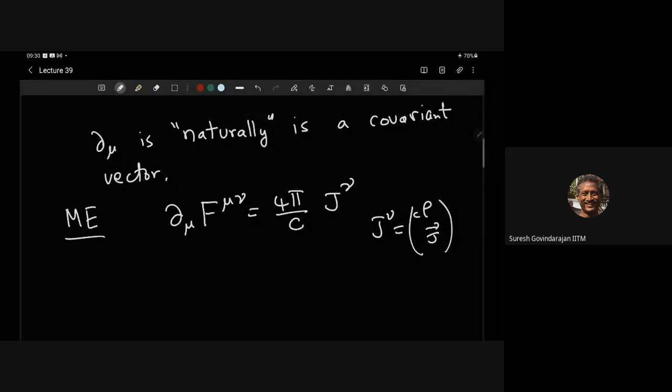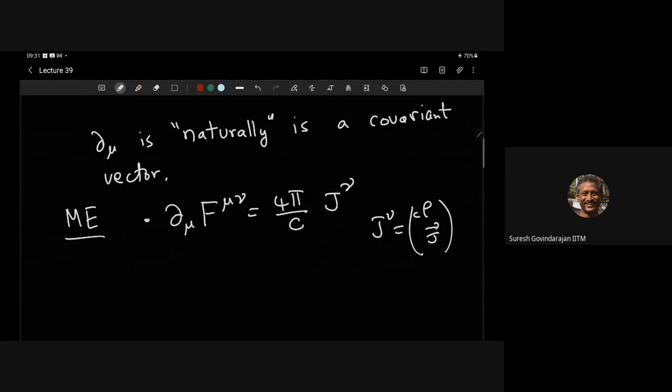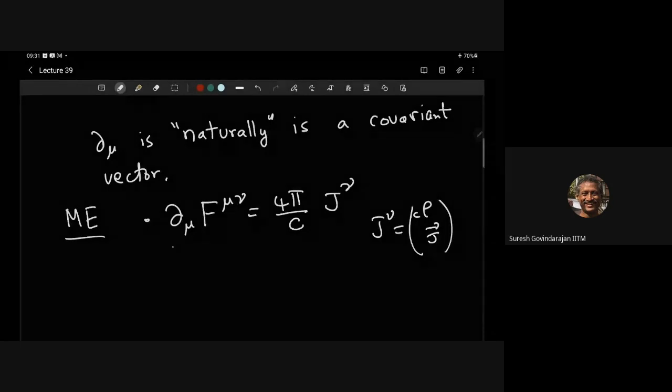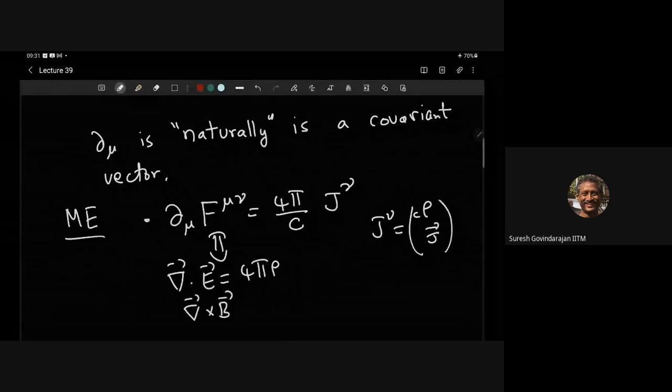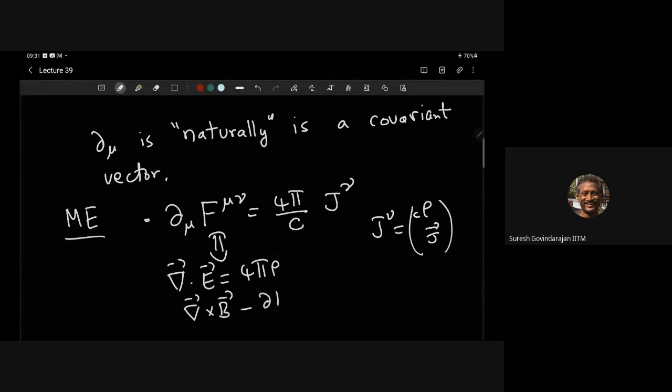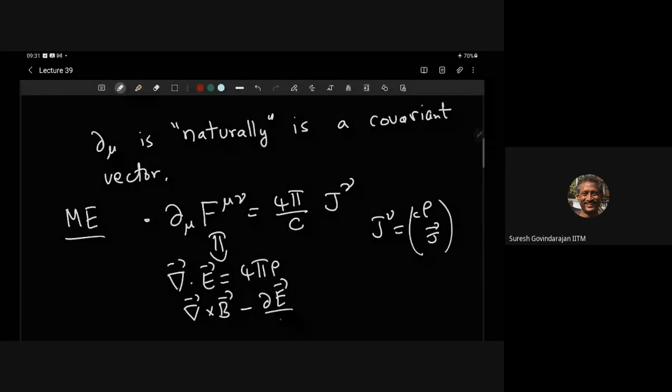You can check that. So this gives 4 of the Maxwell's equations, and this is in Gaussian units.